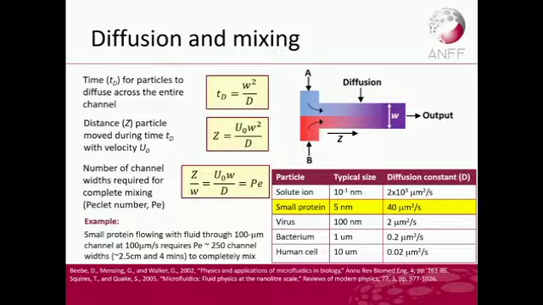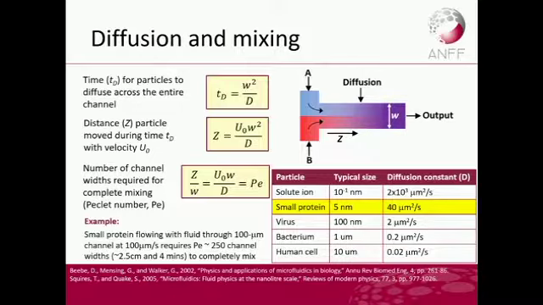And down here is the Peclet number, and its definition there is the number of channel widths required for complete mixing. So what we can do is now look at an example of a small protein, size 5 nanometer, with the diffusion coefficient, which is the key, is 40 micron square per second.